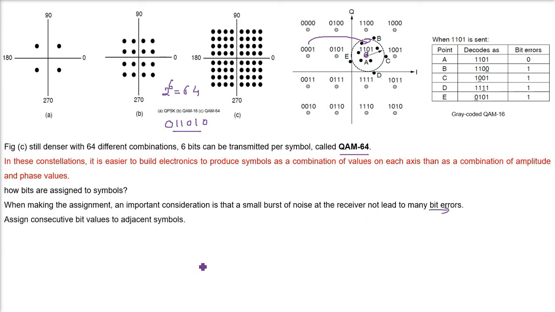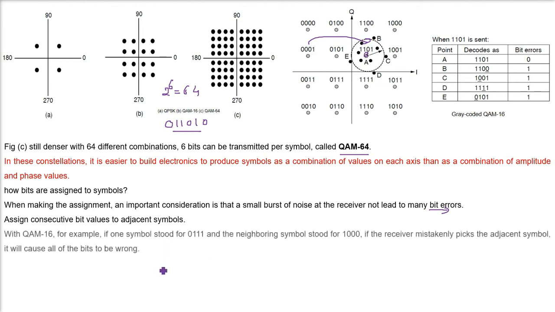So we assign consecutive bit values to adjacent symbols. For example, in QAM 16, let us take the example of the second figure. If one symbol is, say, 0111, and the neighboring symbol is, for example, 1000, and the receiver mistakenly picks the adjacent symbol, the whole bit sequence will be wrong.